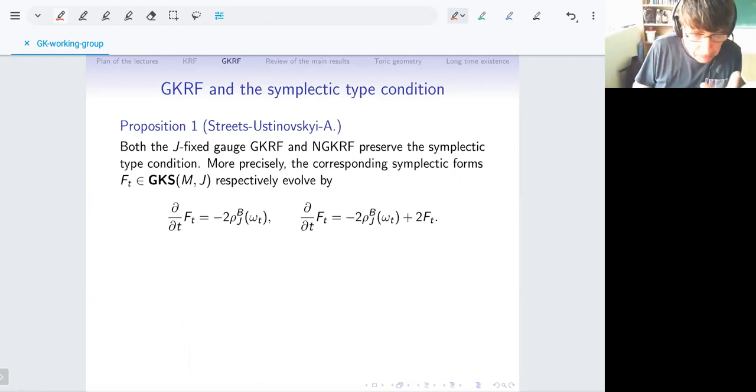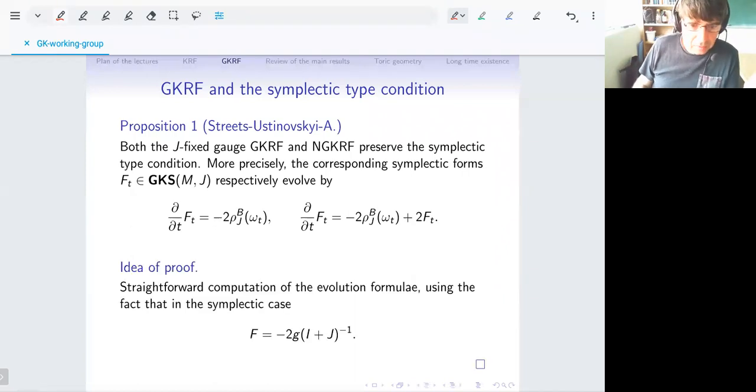Now one key observation is that if we start with an initial generalized Kähler structure of symplectic type, as I defined it before, then along the generalized Kähler Ricci flow or its normalization, we will still remain in this category. So the generalized Kähler Ricci flow gives you another way to see that this space is connected, so it contains paths, families of elements.